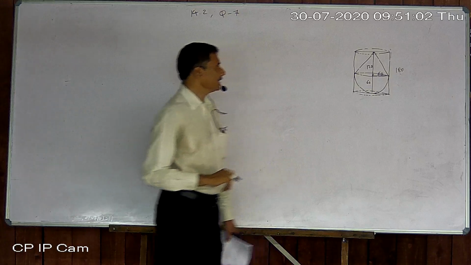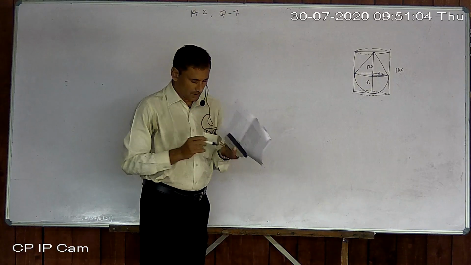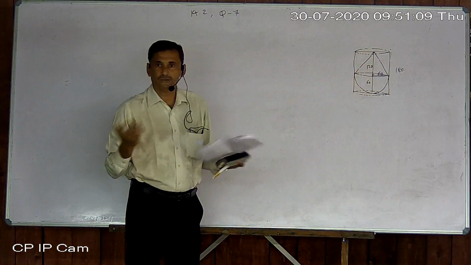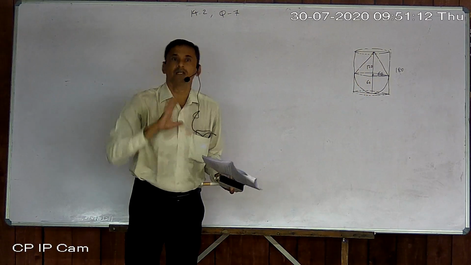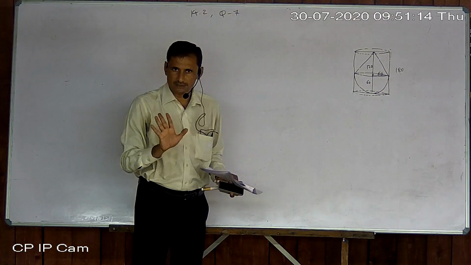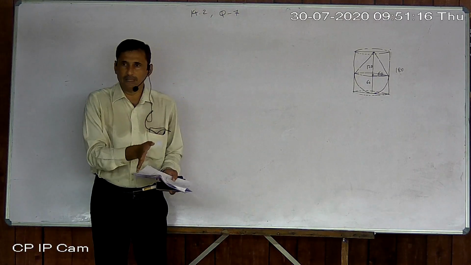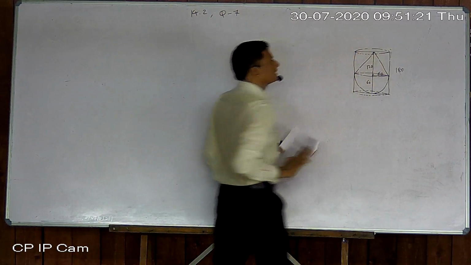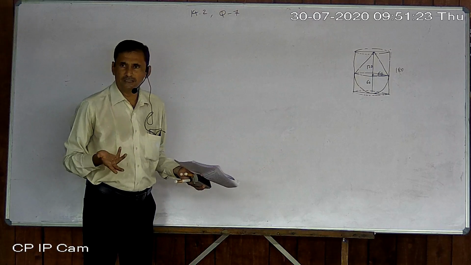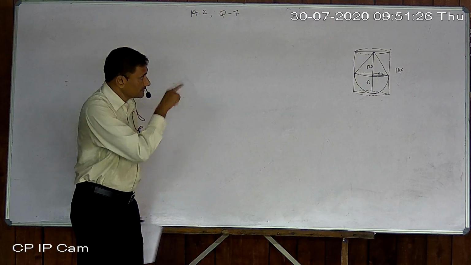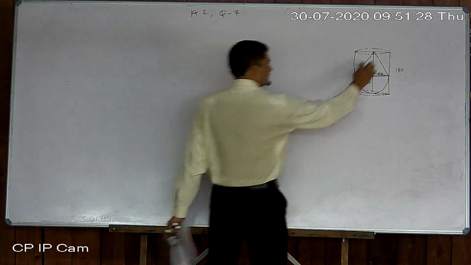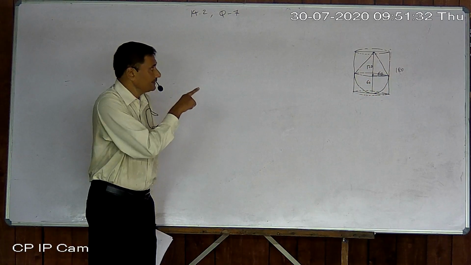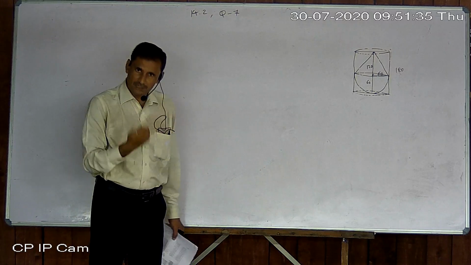Okay, now it was completely filled with water. After placing this combined shape in the cylinder, how much water is left in the cylinder? How much flows out, that is not asked. How much is left in the cylinder, that is asked. So obviously, volume of cylinder minus volume of this combined shape, and that combined shape is again cone as well as hemisphere.